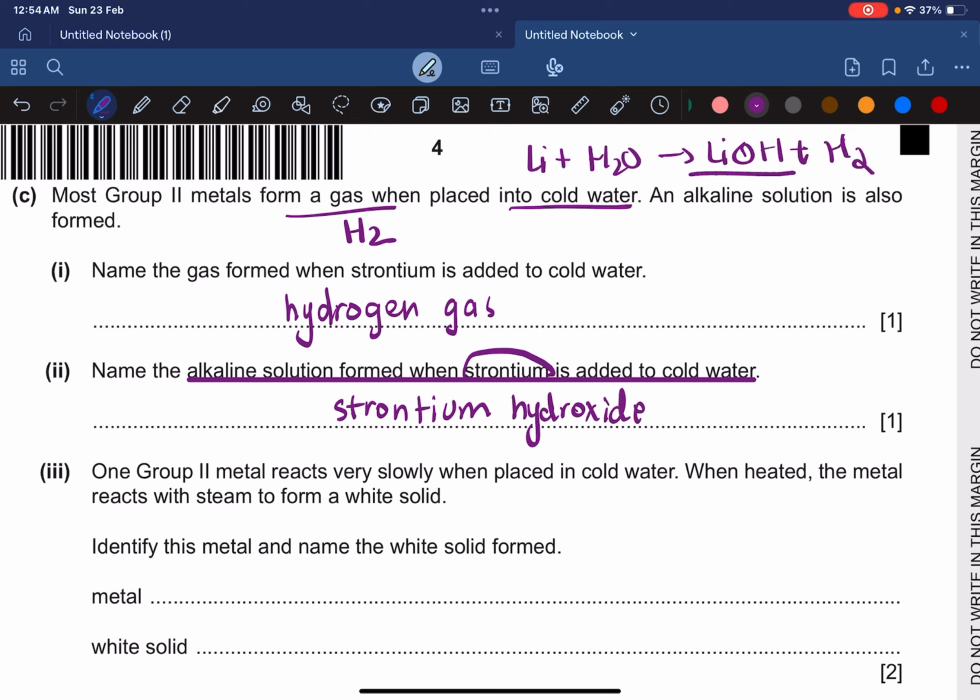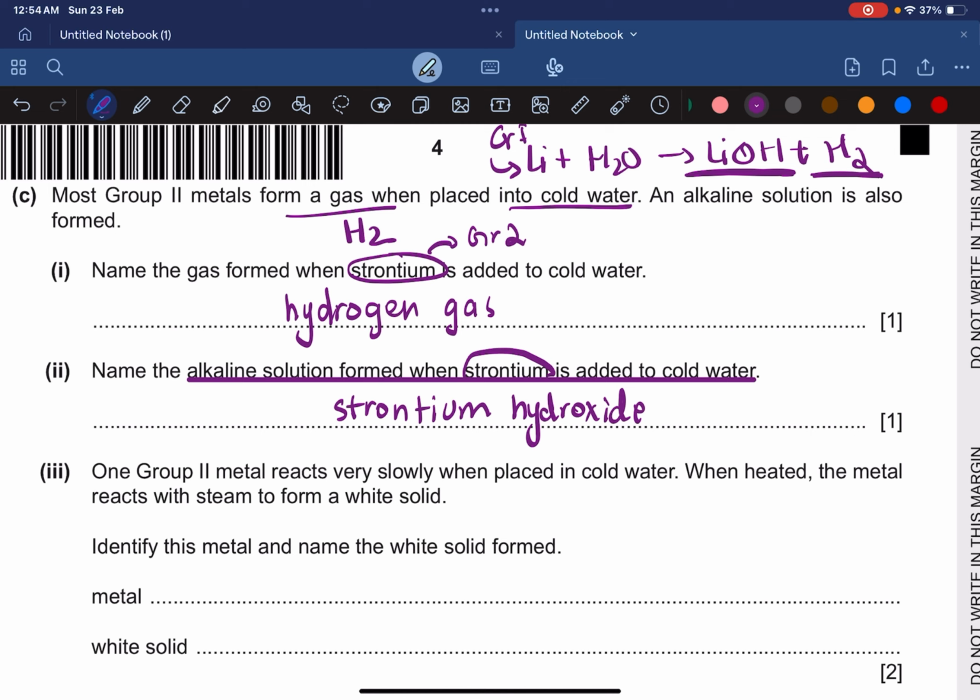So you form an alkaline solution of hydroxide and hydrogen gas. Same goes with strontium. It's going to form strontium hydroxide and hydrogen gas because strontium is in group 2. Lithium is group 1, and group 2 metals also form an alkali and hydrogen gas.